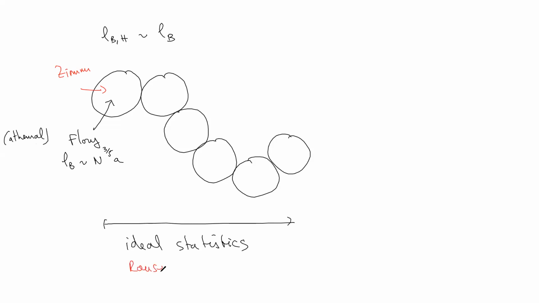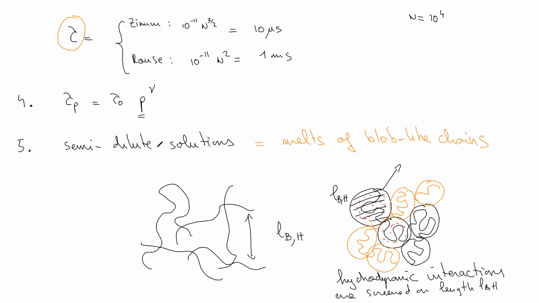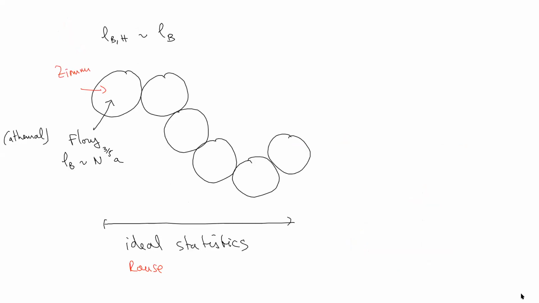Why Rouse? Well, in fact, we say that the semi-dilute solution is a melt of blob-like chains, and we know that the Zimm picture is for melts. So on the large scale, this is Rouse dynamics. So really, you have the same picture as before.